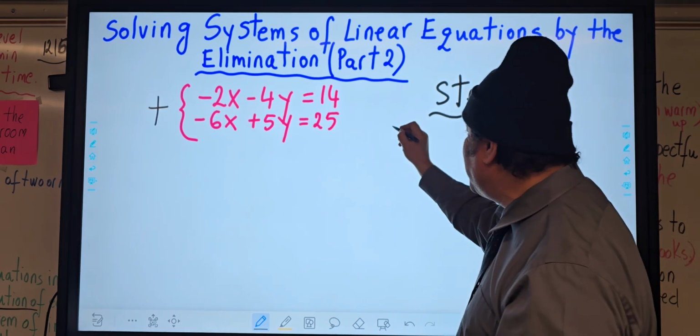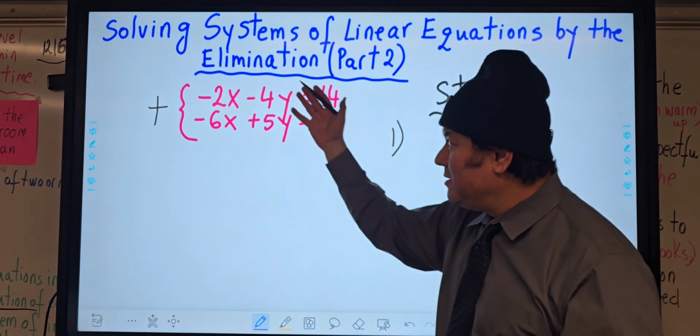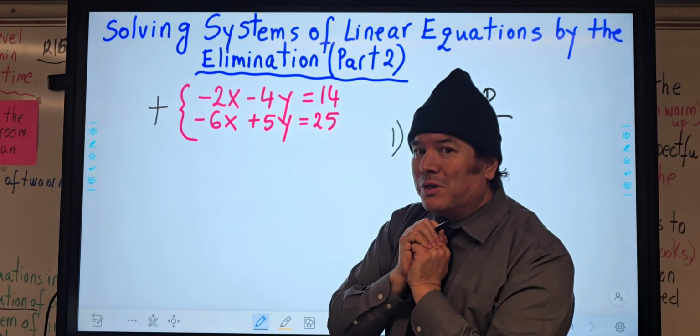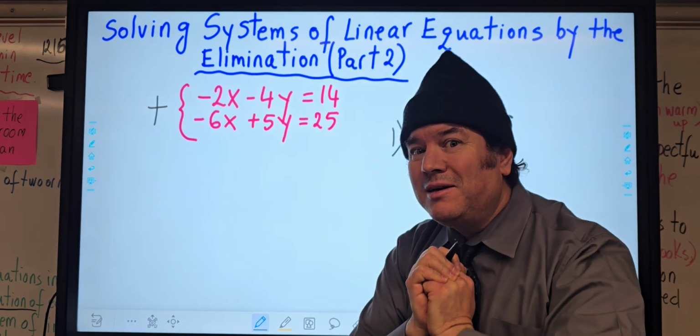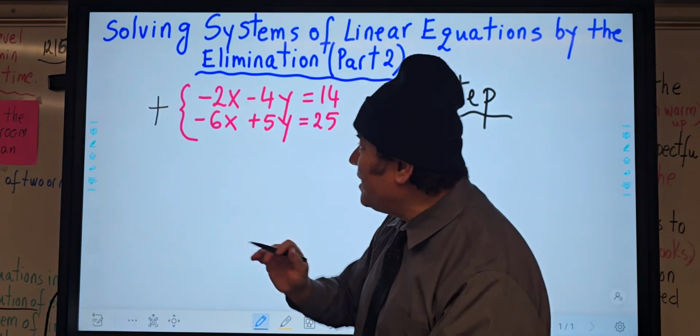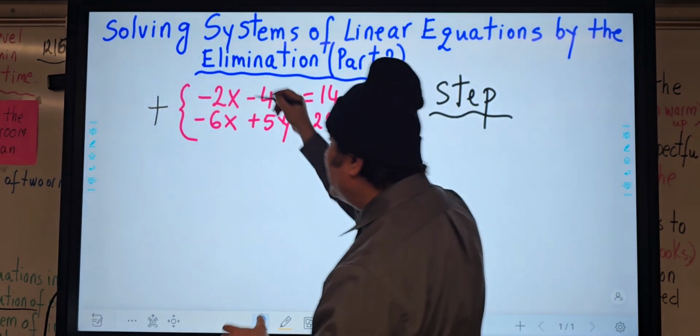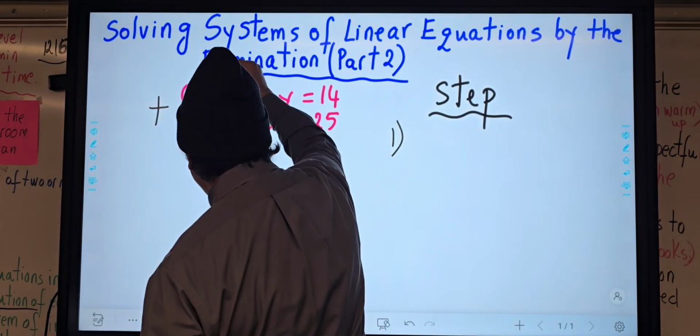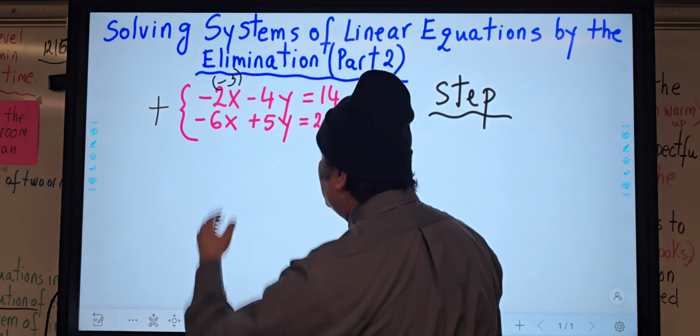What would be our first step? The magic number is what? 3. That's right. So if we multiply negative 2x times negative 3, take a look.